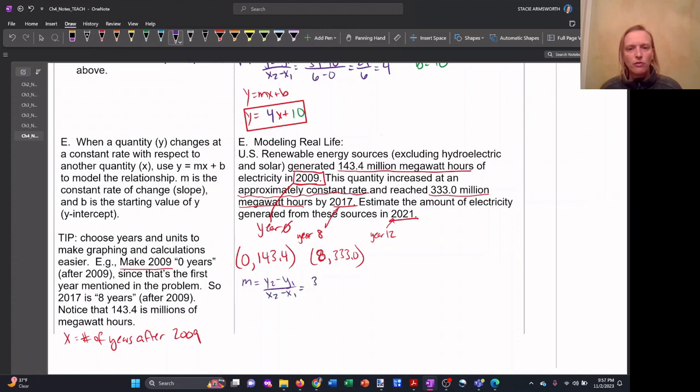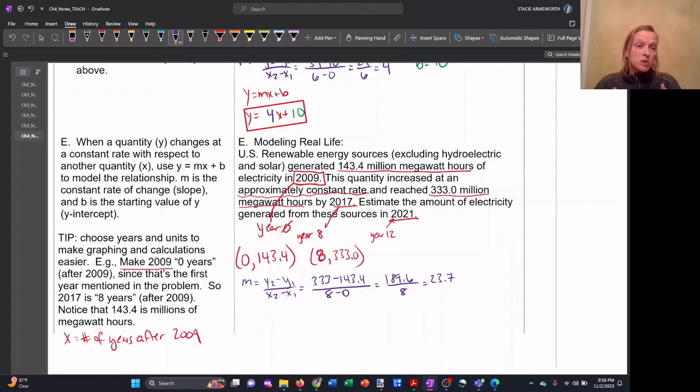So I'm going to have 333 minus 143.4 divided by 8 minus 0. That gives us 189.6 over 8, which works out to be 23.7 as our slope.